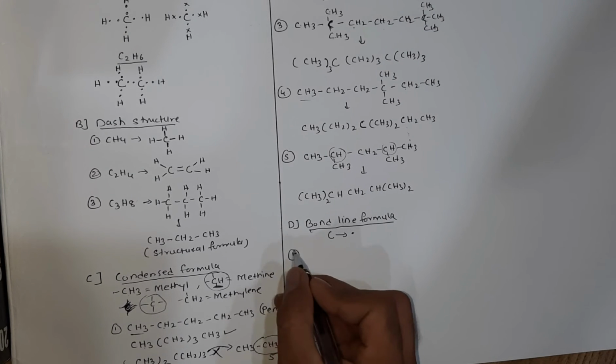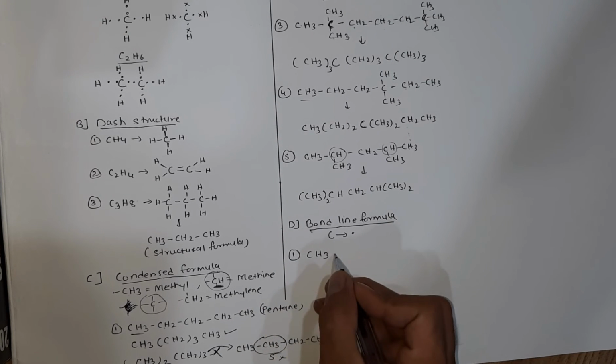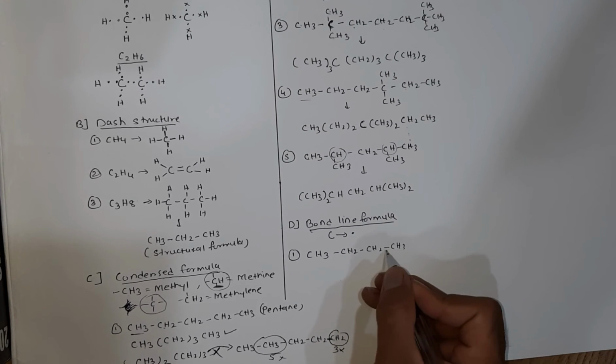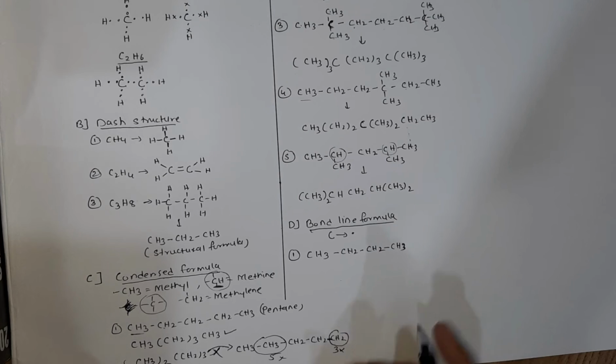For example, if I want to make n-butane into a bond line formula, first I will select the longest carbon chain, and the longest carbon chain starts from one terminal and goes to the other terminal.